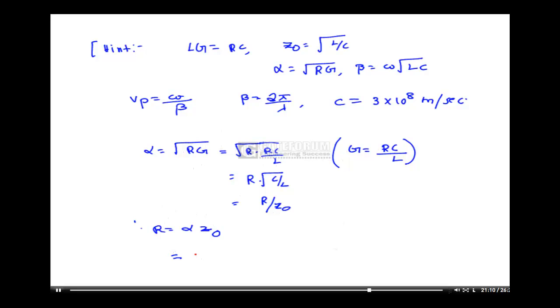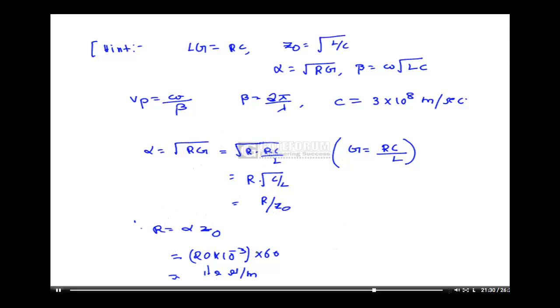Next one is, if you calculate this thing, how much you will get? This is nothing but alpha 20 into 10 power minus 3 into 60. That is nothing but 1.2 ohm per meter.